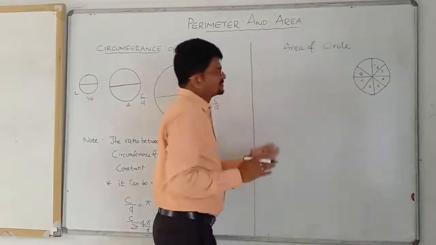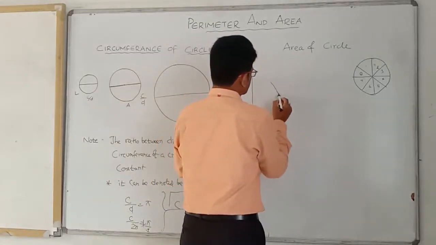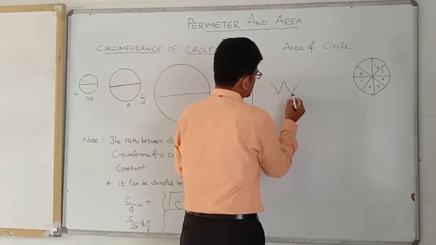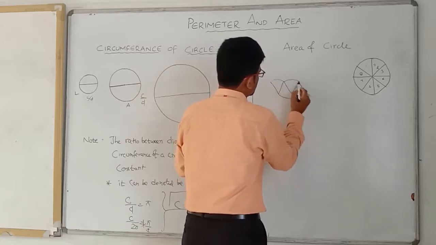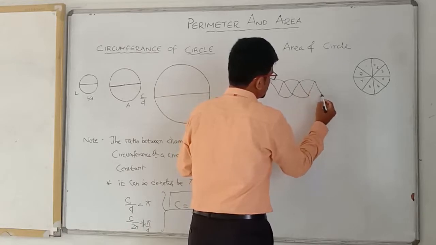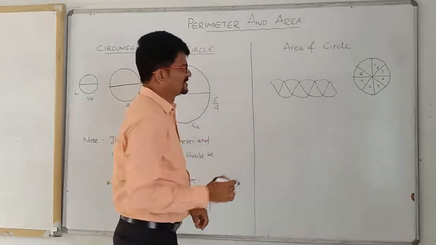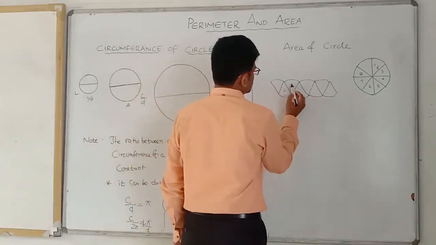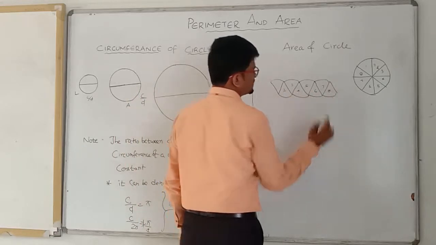Now suppose you divide all these like this, 1, 2, 3, 4, 5, 6, 7, 8. Sector 1, 2, 3, 4, 5, 6, 7, 8.